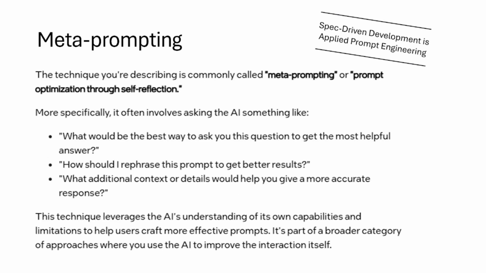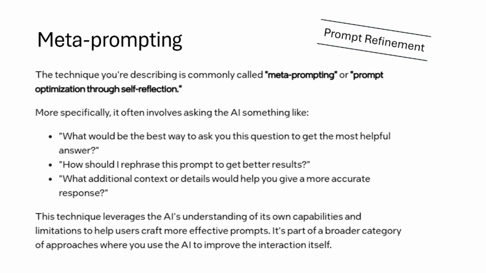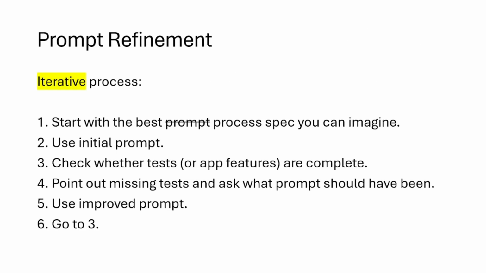There is actually a name for this called meta prompting. Well, I'd never heard of it before, but this is what Google AI gave about it. I would call it prompt refinement, but what I want to point out here is that it is an iterative process. So don't expect that if you do this once you get the ideal prompt. It's going to take a few more iterations.